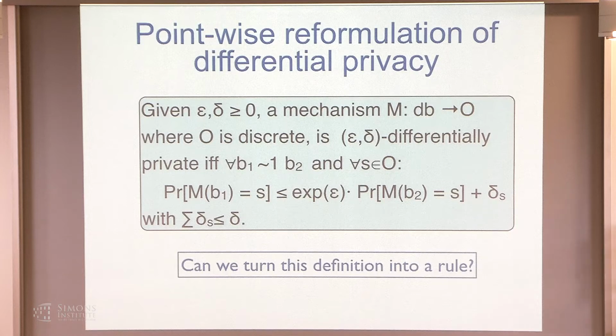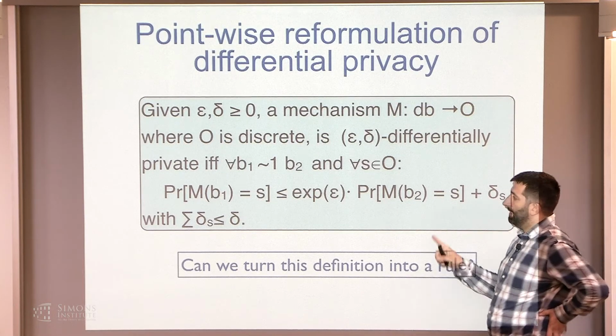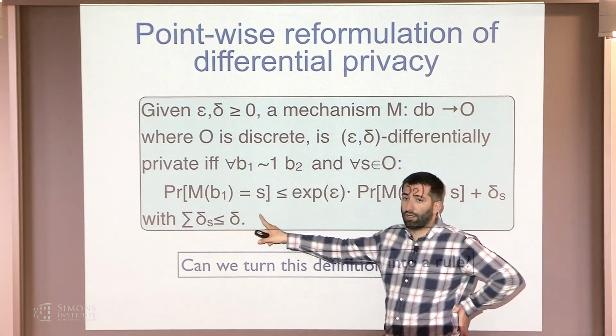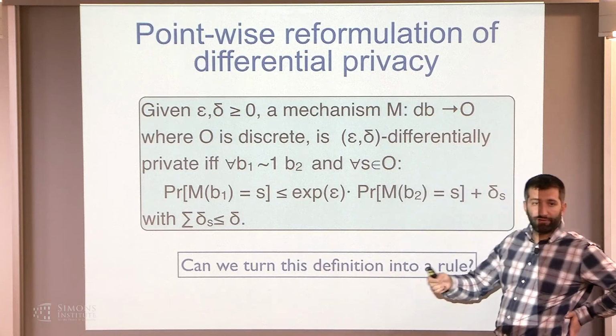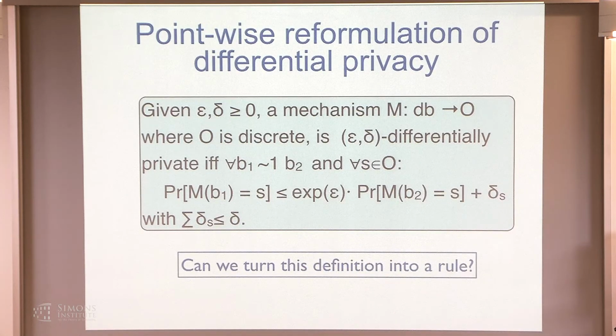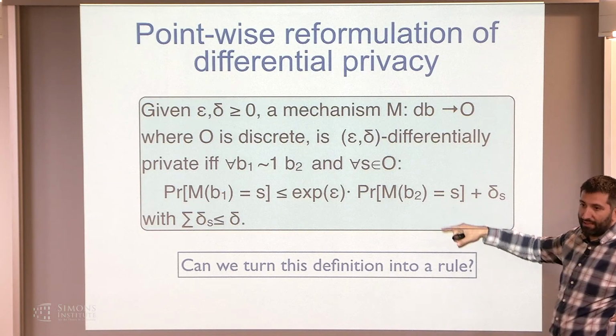Then what we can do is look at the indistinguishability on one particular element of the output domain, and then check that the deltas sum up. In our case, we don't use delta. In this setting, we just use epsilon, but we can deal also with delta. But the key point is that we can focus on one S at a time.